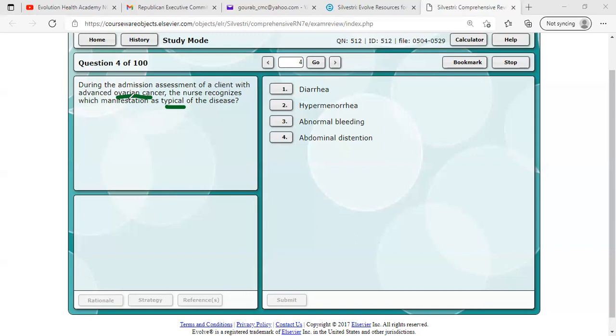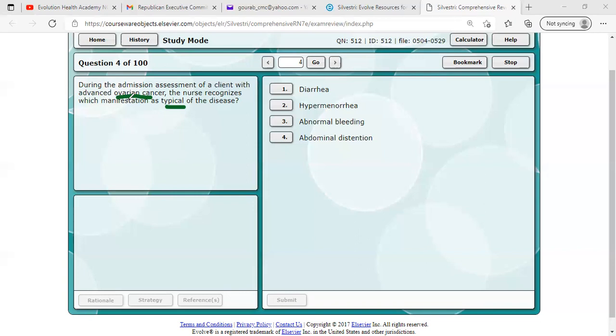Ovarian cancer is a cancer that is formed in or on an ovary, and it results in abnormal cells that have the ability to invade or spread to other parts of the body.